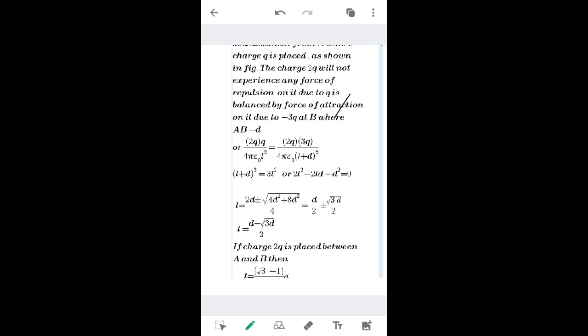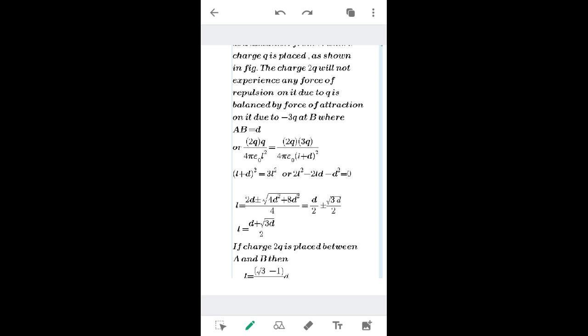Okay, so that's what I have explained, that only I have written here. I told you force of attraction and force of repulsion is balanced, means we will equalize these two. So 2q into q by 4 pi epsilon naught L square, that is the force between the 2q charge and the q charge at A, equal to the force between 2q and 3q, that is 2q into 3q by 4 pi epsilon naught L plus D whole square, right?